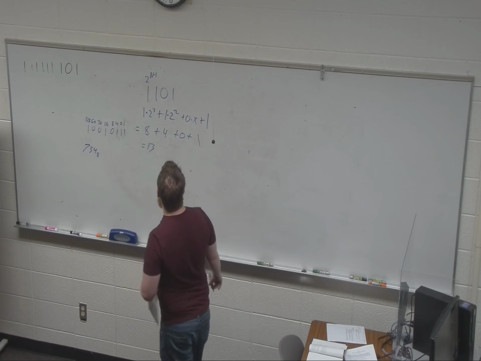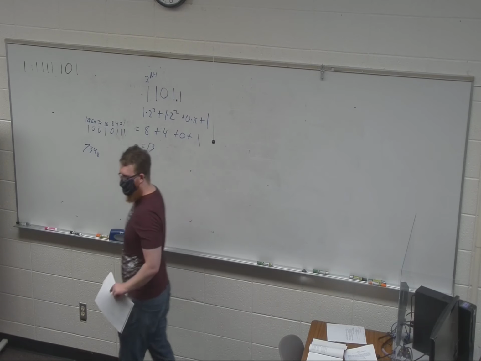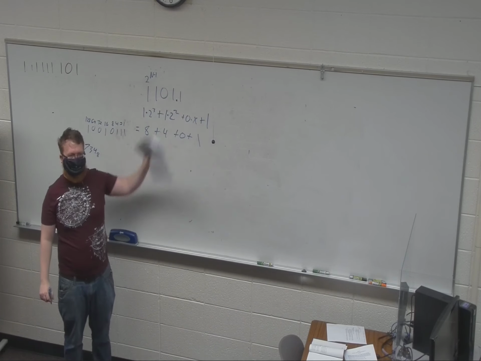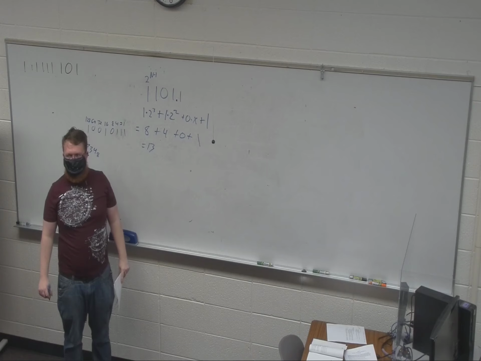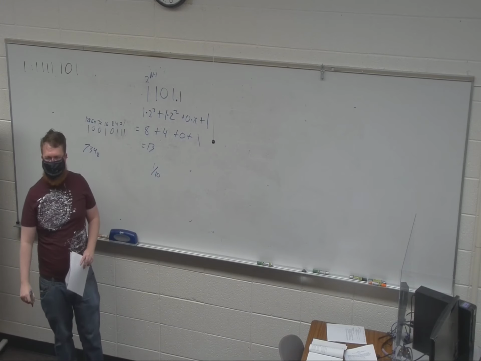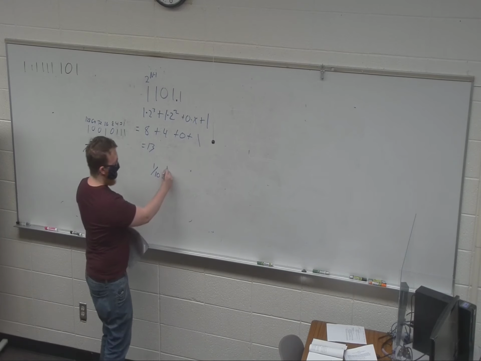So for binary, if I add 0.1, what is the value of that 1 there? Because we know it's not 1/10, right? Yeah, and what's another way of writing that one? Yeah, or 1/2.